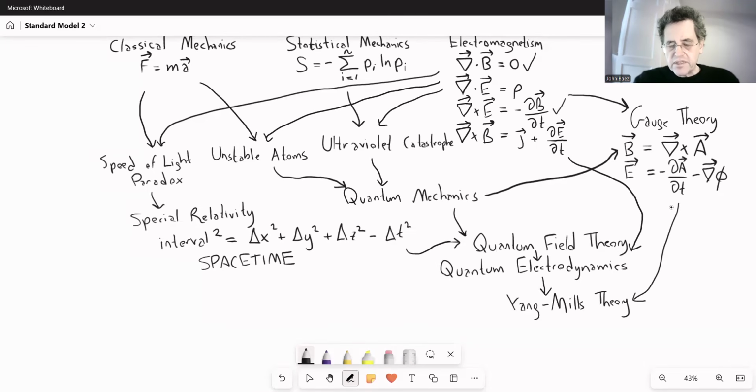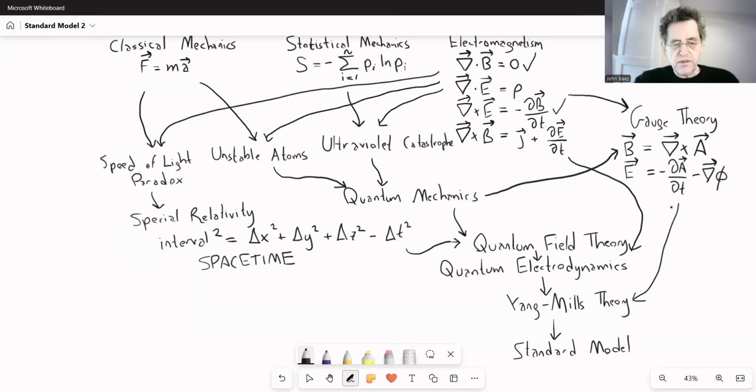Now, the beautiful thing is that Yang-Mills theory describes all the forces we know of in nature except for gravity. Not only does it describe electromagnetism, it describes the strong nuclear force and the weak nuclear force. Those three are the forces that are discussed in the Standard Model. So the Standard Model is built on the back of Yang-Mills theory, and it's a special case of Yang-Mills theory.